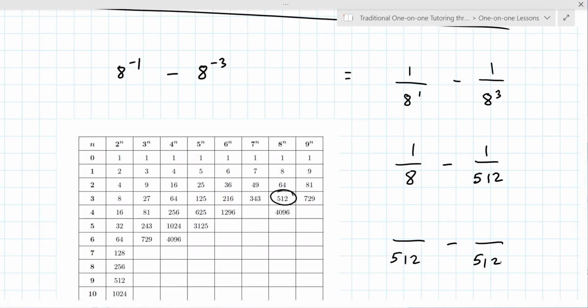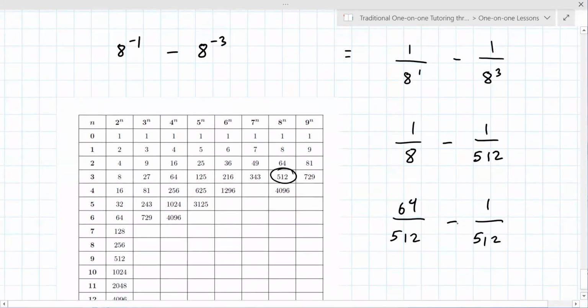Yes, the common denominator is 512. So I think I got it. I think it's 64 over 512 minus 1 over 512, and then 63 over 512.